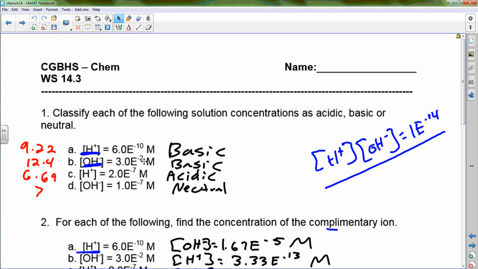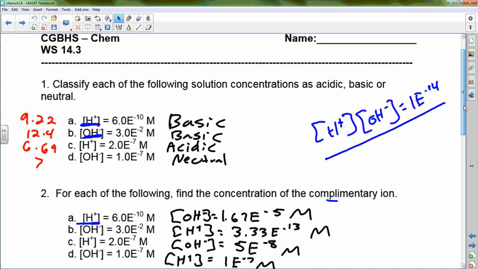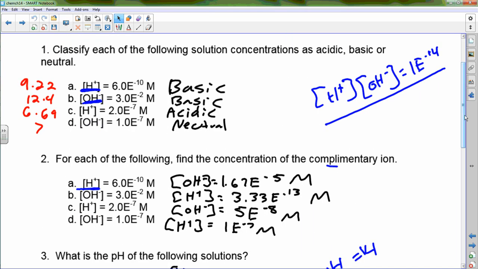Okay. Now for these down here, we're trying to find the concentration of complementary ions. So here we have the concentration of the H plus ions, so we need to find the concentration of the OH minus. We do that because, by knowing that when we multiply those two concentrations together, we should always get 1e to the negative 14.